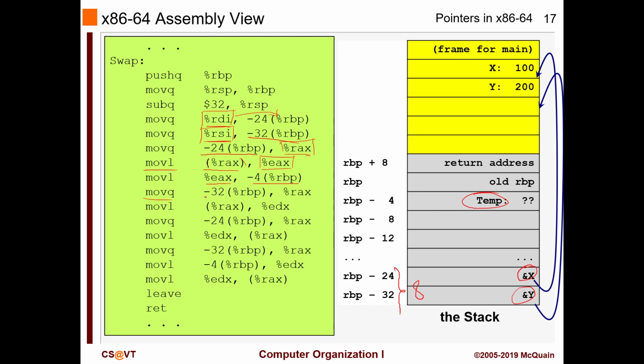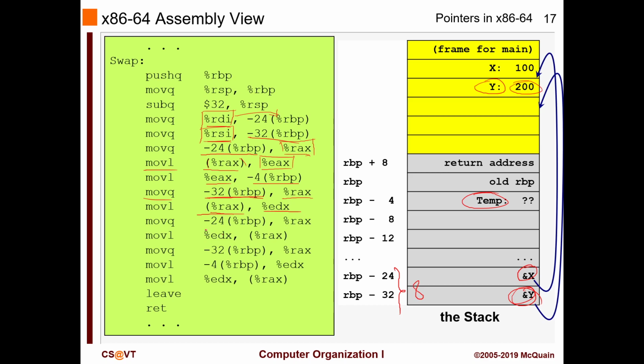Then we are going to get the address of Y, because this is holding the address of Y, right? Put it into RAX. Then we are going to dereference, which is going to point to 200 over here, the value of the variable Y. Okay, we're going to get that value and put it inside EDX.